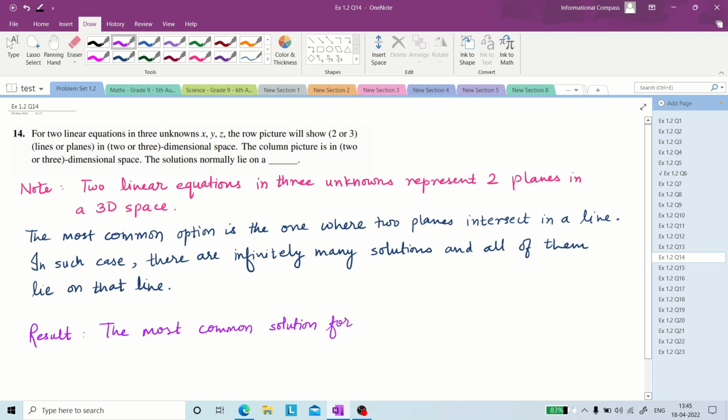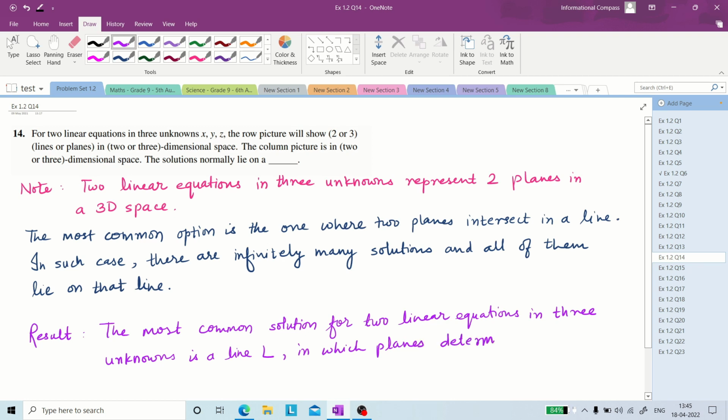So the most common solution for two linear equations in three variables, in three unknowns basically, is a line L in which the planes determined by those equations intersect. That was the question, right?